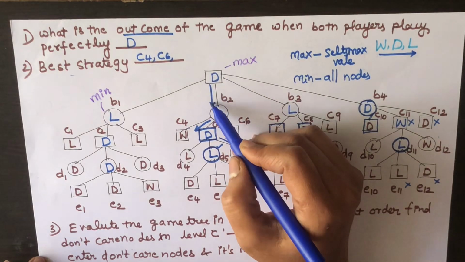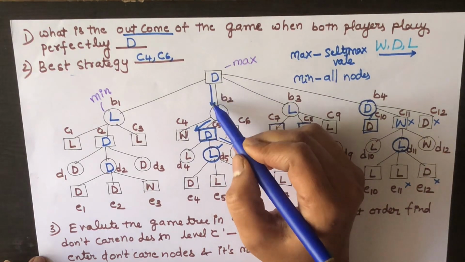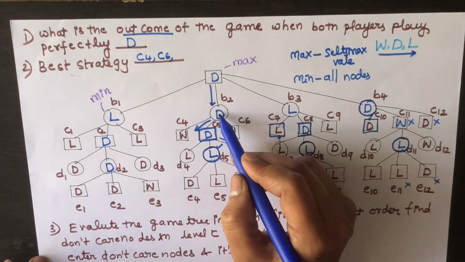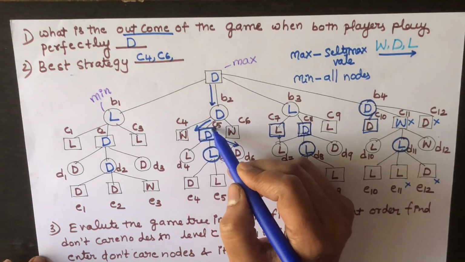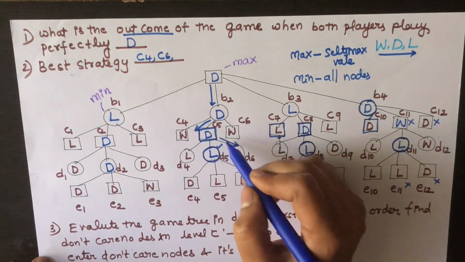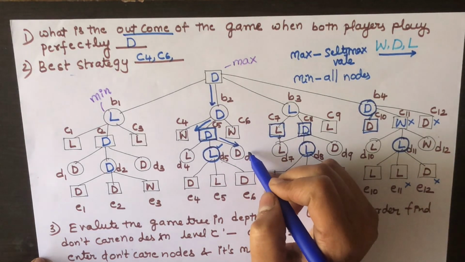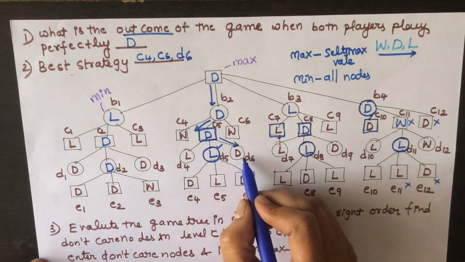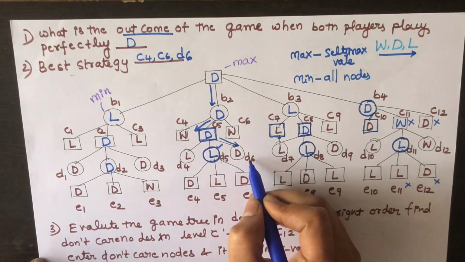D came from this direction, reverse direction, go to B2. B2, max node. Where did D come from? D came from C5, and D came from D6. So D came from D6.